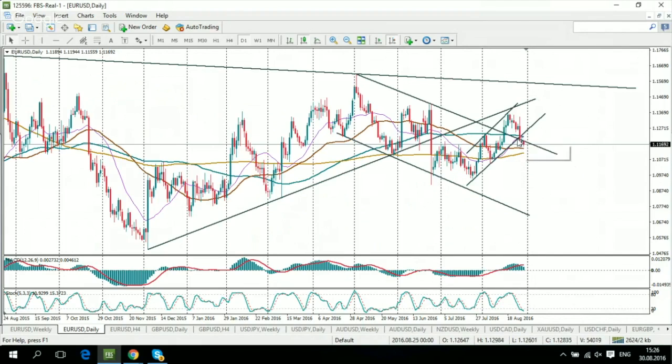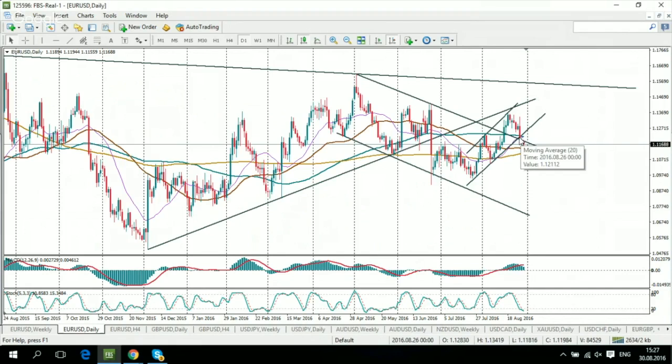We can see that the euro dollar on Friday formed a bearish candle, which is actually a bearish outside engulfing candle, and is a rather strong bearish signal.